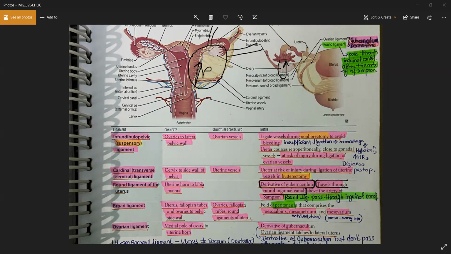Whenever this pressure exceeds the pressure in this artery, blood flow is stopped. You cannot have further blood flow. At that point, you will start developing ischemia, and because the blood is not there, you will ultimately end up having necrosis also.